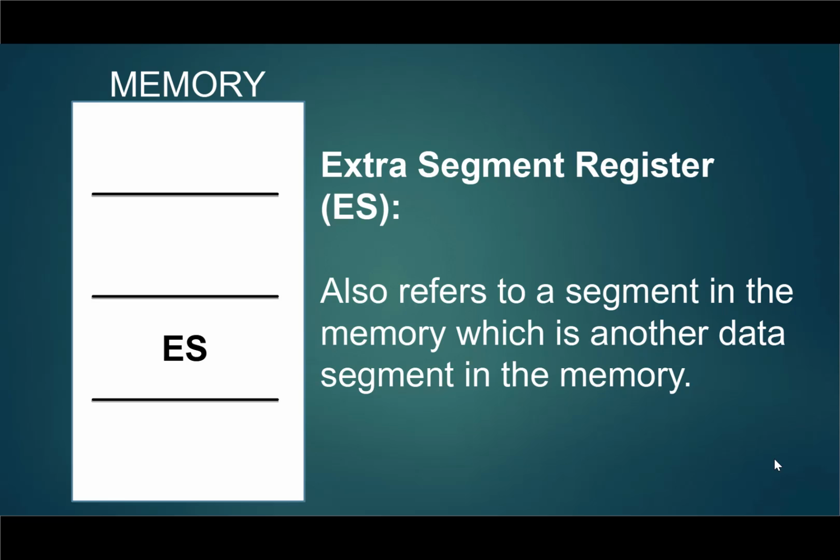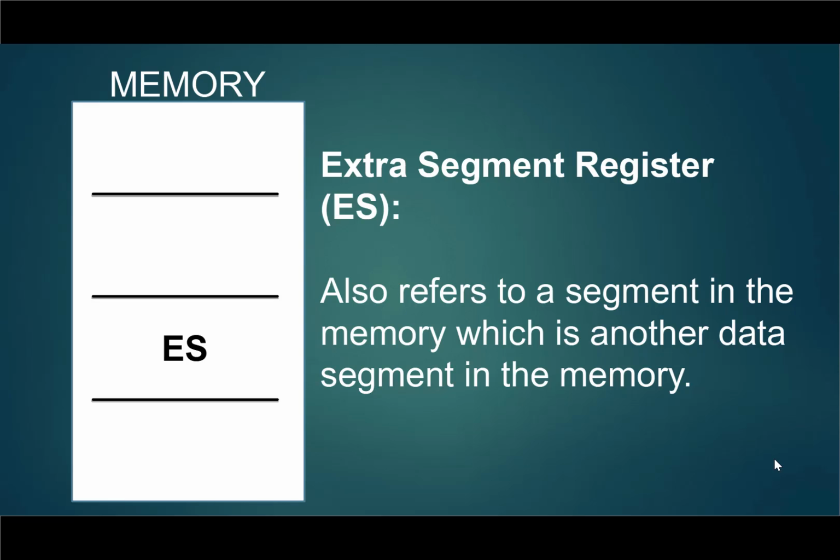Then for string instructions, if data is present in continuous memory locations, more than 2 memory locations, or maybe 10 memory locations, and you want to do a string operation, for example transfer a block of 10 data bytes from one memory location to the other, the extra segment becomes very important, because you can directly initialize the data segment and the extra segment, and transfer the data.